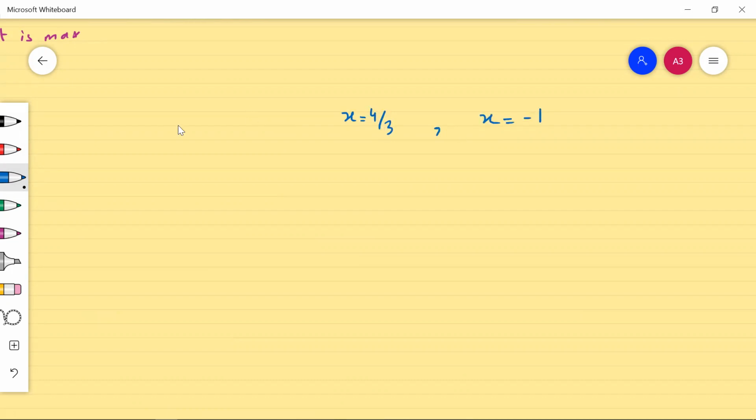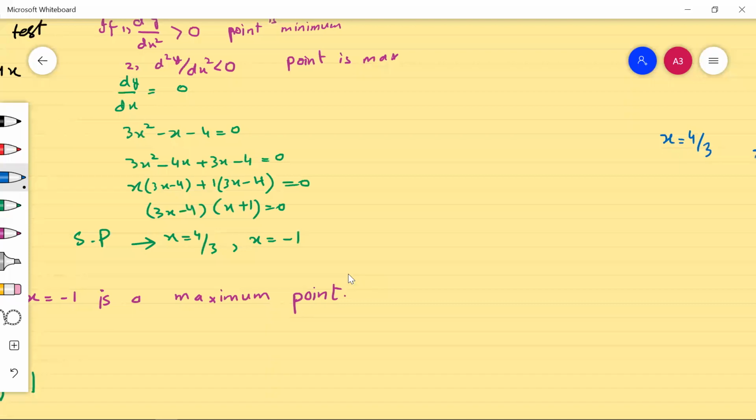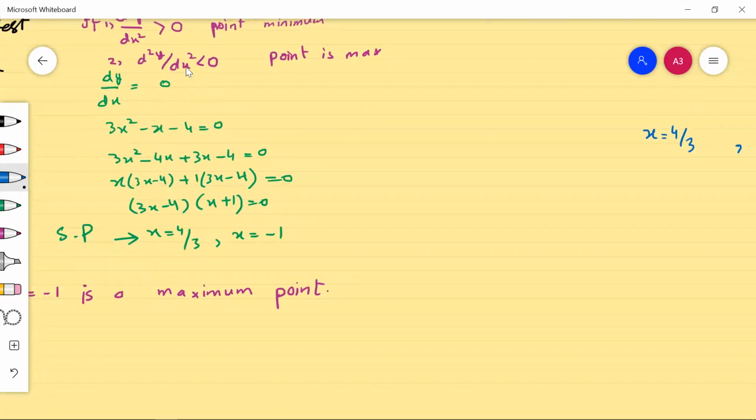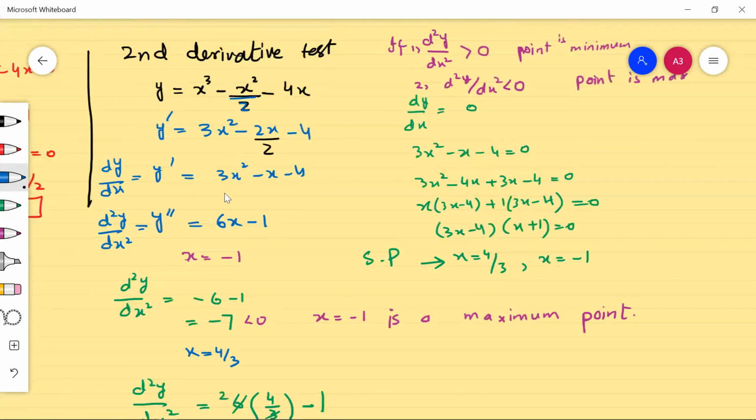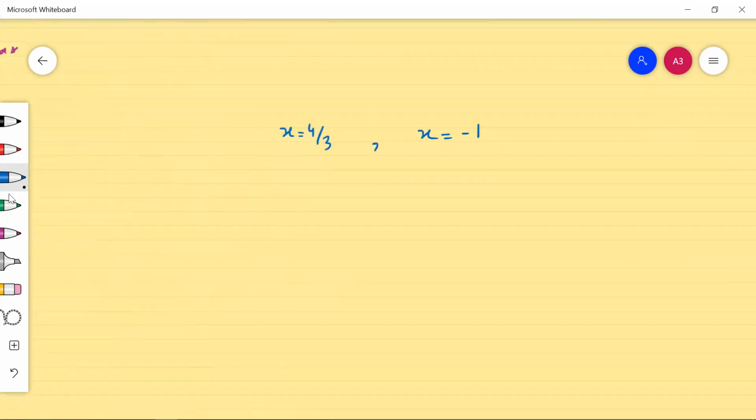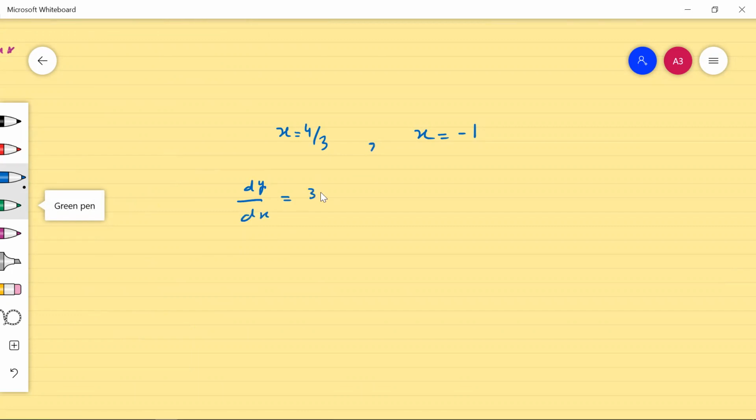The first derivative was 3x square minus x minus 4. First we will check the point x is equal to 4 by 3, which is about 1.3 if you calculate it.